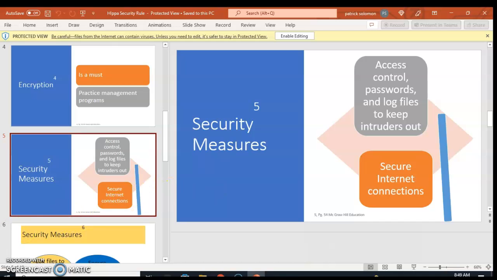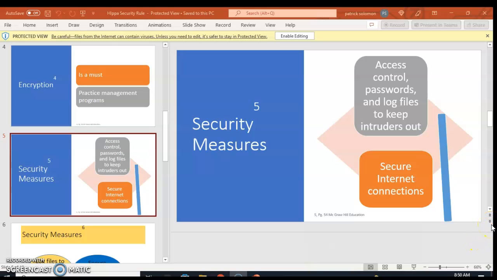Say the receptionist has a password that only accesses patient files for general information like their name, address, the account, so they can pay on their account, just very basic knowledge. She doesn't have access to the patient's medical history.